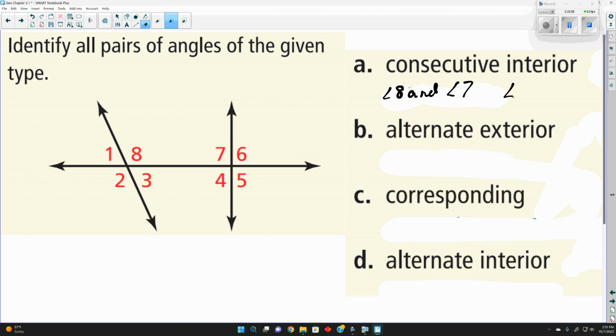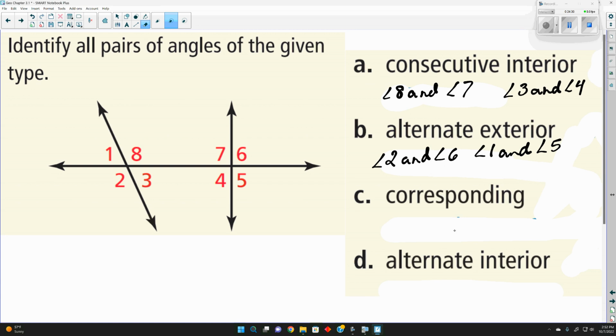And then 3 and 4. Consecutive interior, so we want them on the same side of the transversal and between the lines. Alternate exterior. 2 and 6, yes. And 1 and 5. So on opposite sides of the transversal, the line cutting the two other lines, and outside the two lines.